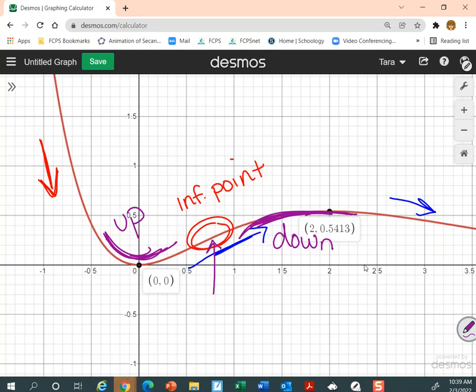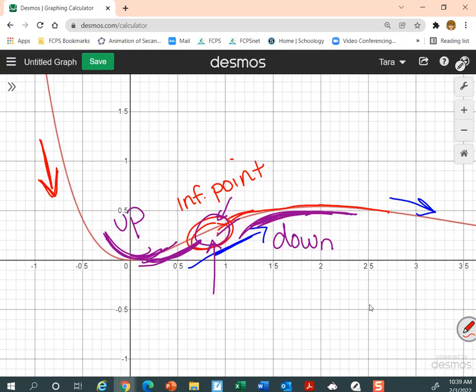This would even be a diminishing return point specifically. So here, my first derivative is positive and my second derivative is positive. It's growing and the rate of growth is growing. Here, it's still growing, whatever this could model, but the rate of growth is slowing down. It's flattening out.